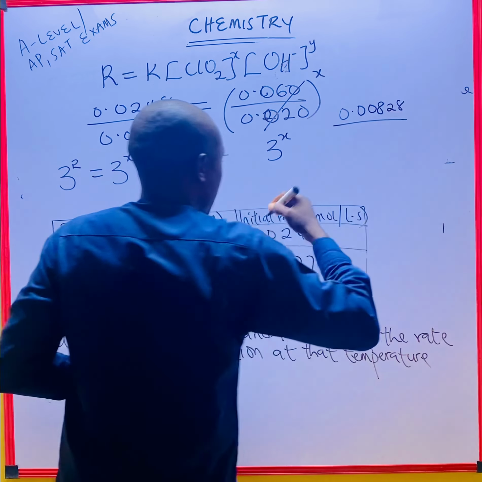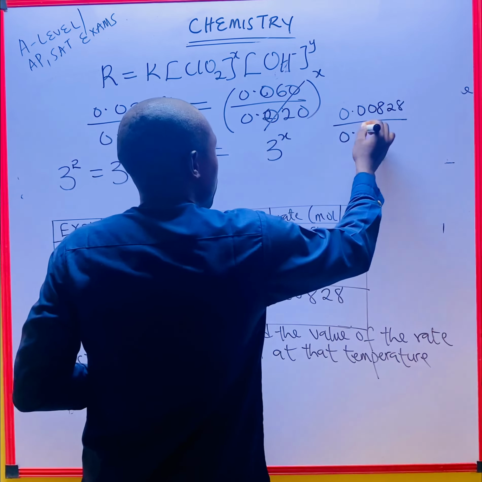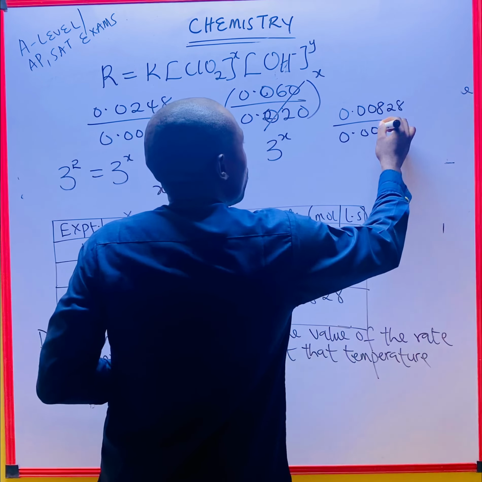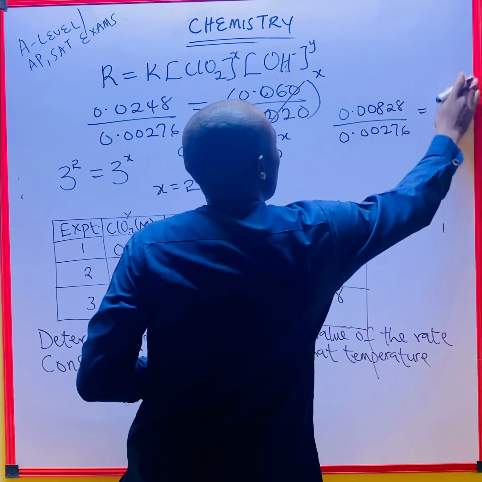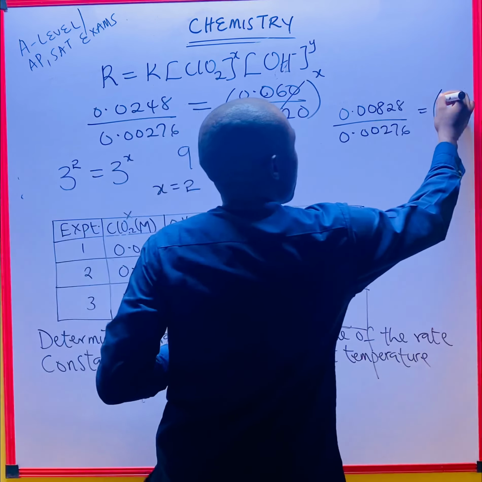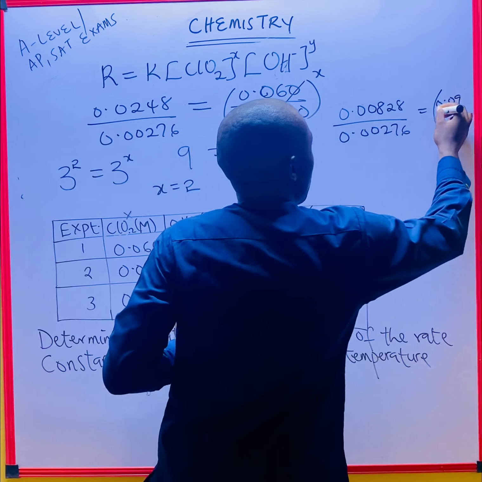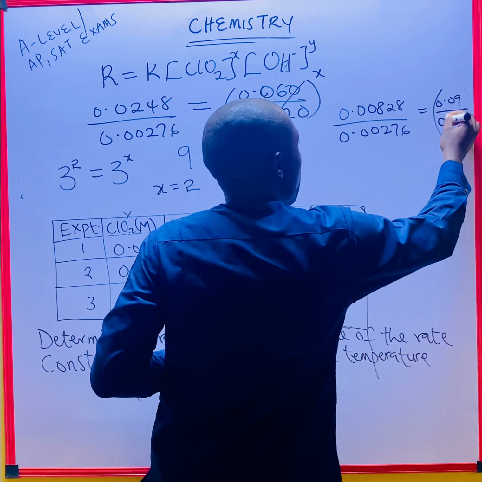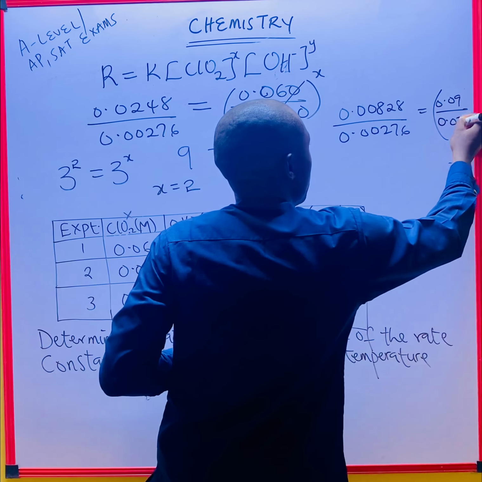So I come here to say the rate is 0.00828 over 0.00276, which is equal to 0.09 over 0.03.